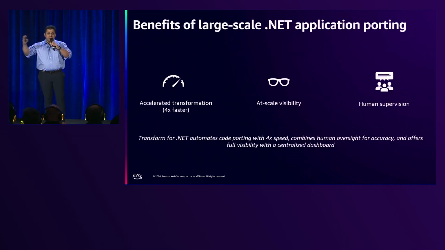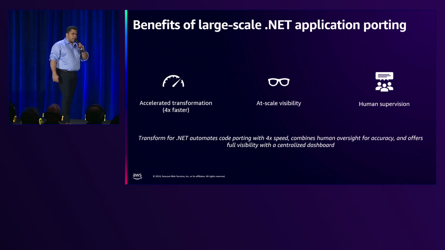So I want to bring us back to how this can help you. From our tests and the benchmarks that we have run, we have seen that you can receive up to 4x acceleration in speed.